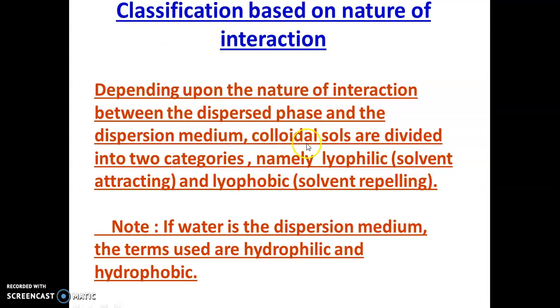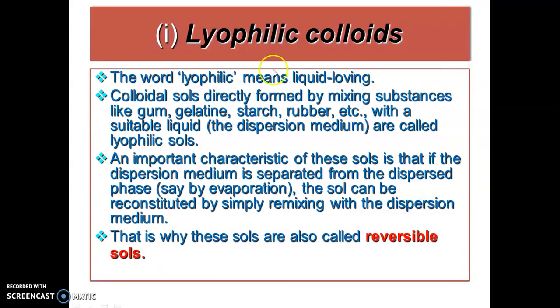Which type of interaction? On this basis we will classify them as lyophilic and lyophobic, meaning solvent loving and solvent hating. If water is the dispersion medium, it can be termed as hydrophilic or hydrophobic. So first of all, we will talk about lyophilic colloid. Lyophilic, by the name, these are liquid loving, that means they easily get mixed with dispersion medium, just like starch, rubber, gelatin.